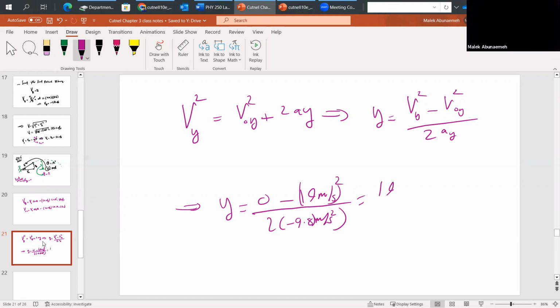Plugging that in, 14 squared divided by 2 times 9.8, which is 19.6, and what you get is almost 10 meters.